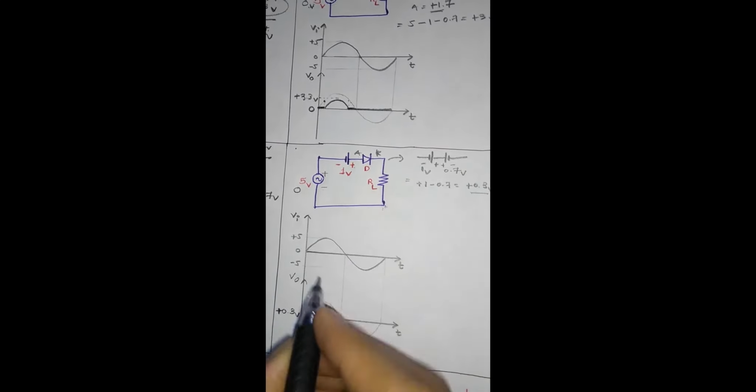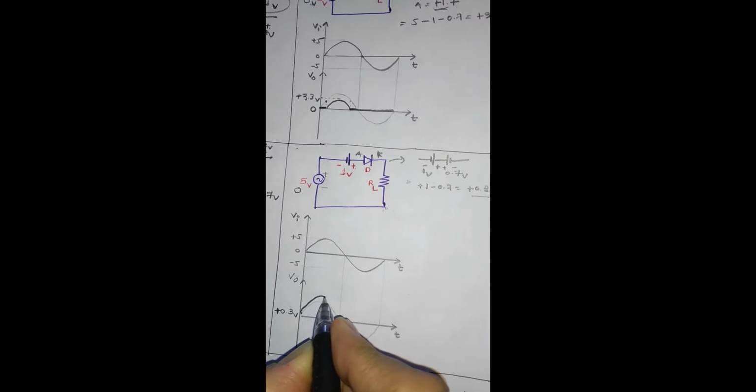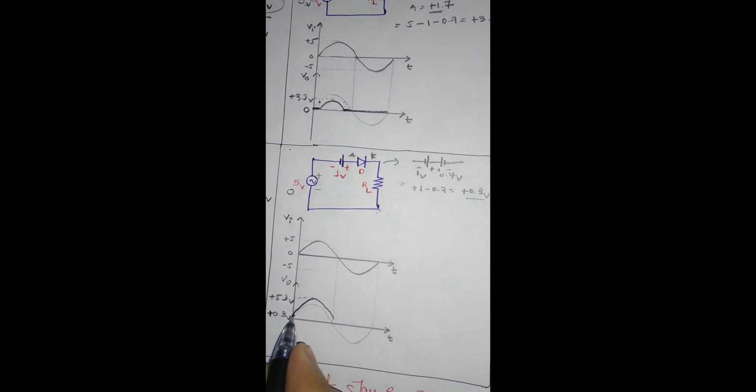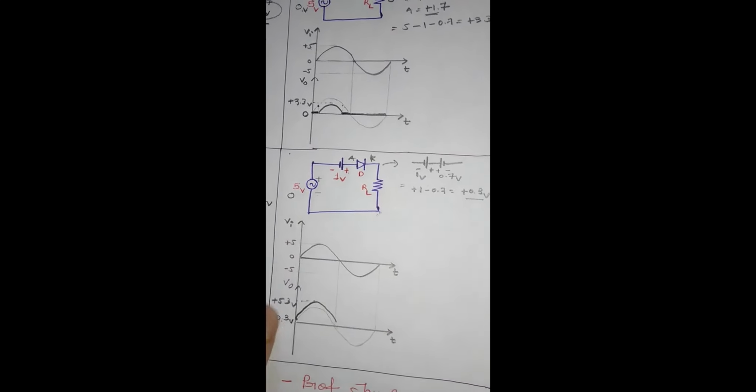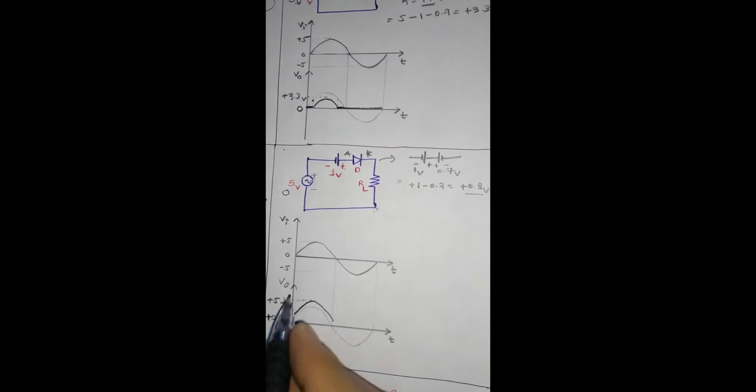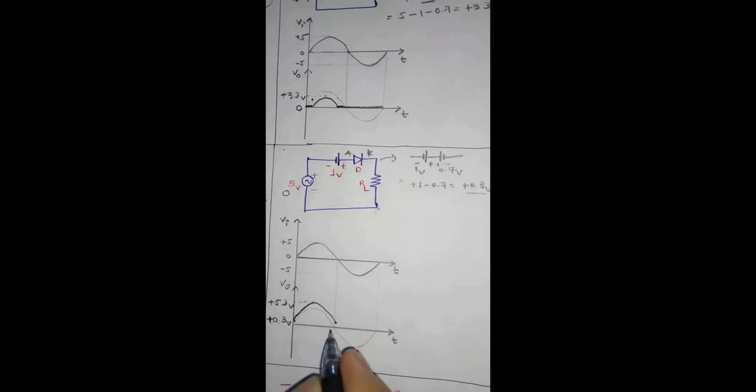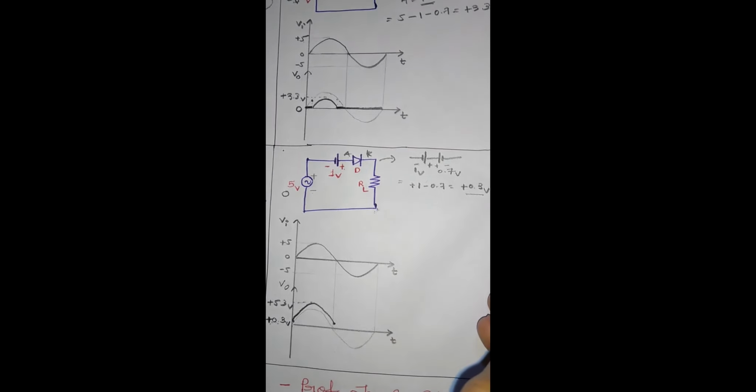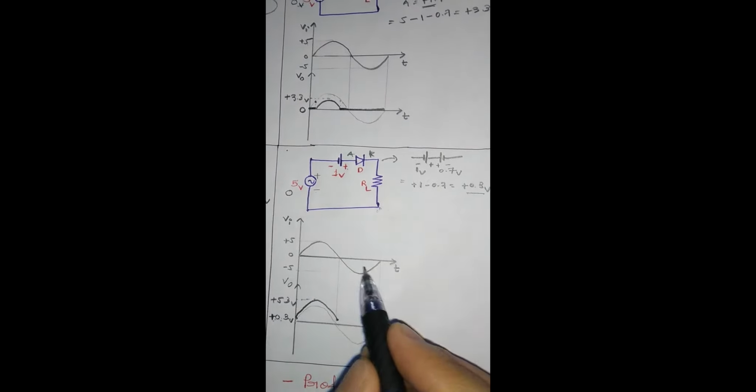So your waveform reaches plus 5.3. So the maximum amplitude of your waveform is 5.3 because your waveform starts from 0.3, not 0. So 0.3 plus your input voltage 5. So 0.3 plus 5 is equal to 5.3. Again, it will reach plus 0.3, not 0.